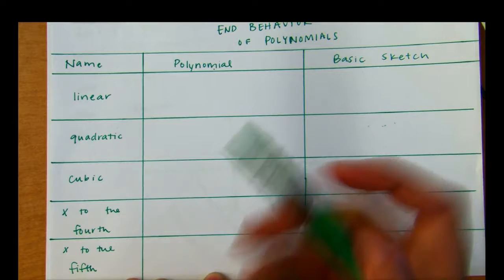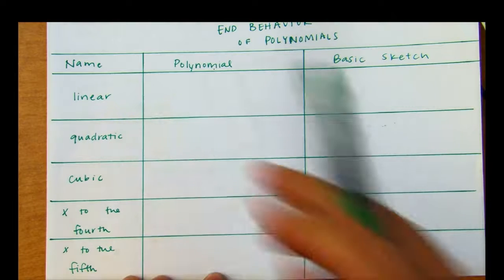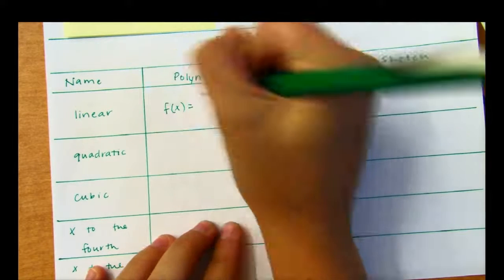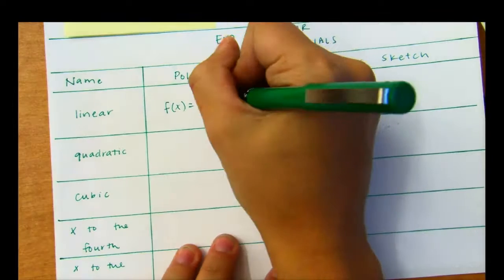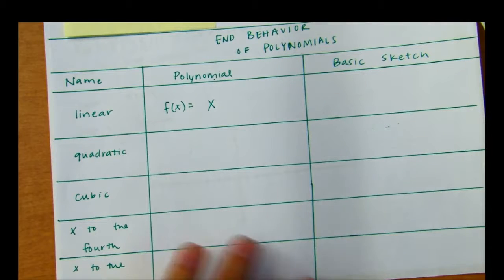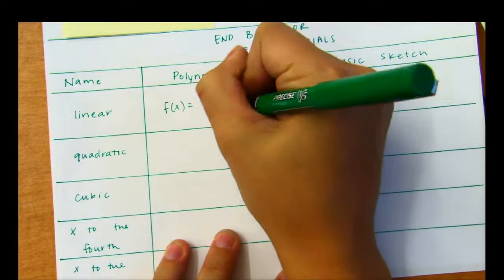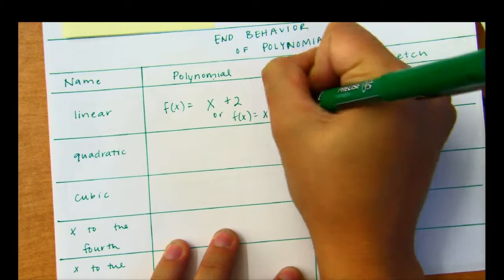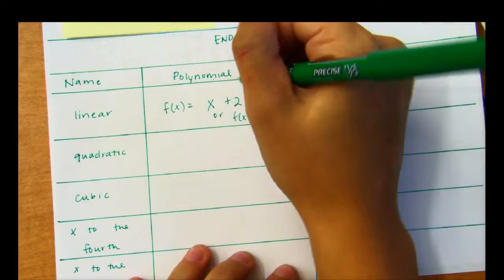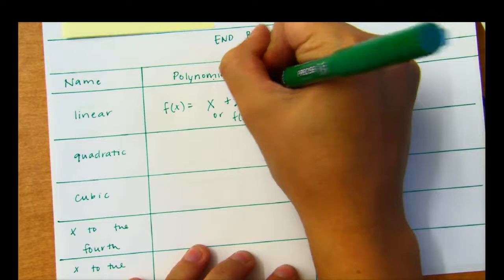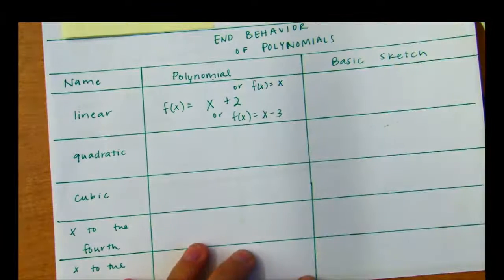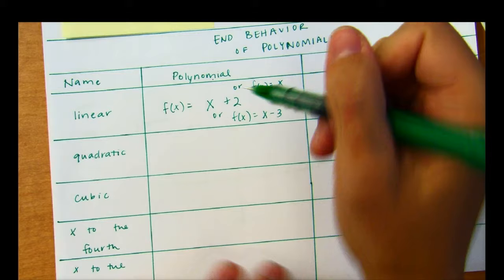Okay, so if I've got a linear polynomial, my function, let's name it f of x, is going to look like just x. I could have x plus 2, or f of x equals x minus 3. I'll give a couple of examples: f of x equals just an x, where I'm adding or subtracting some value, but there isn't another x in my equation.